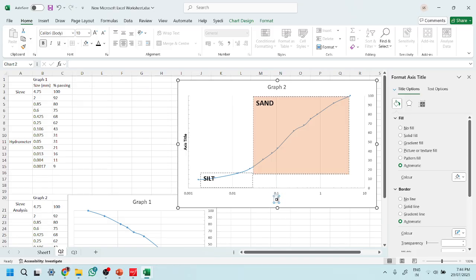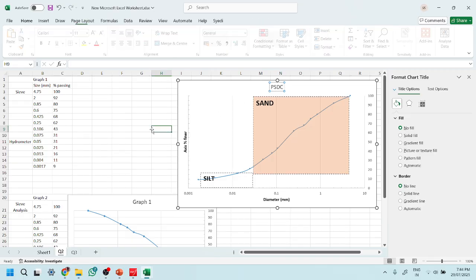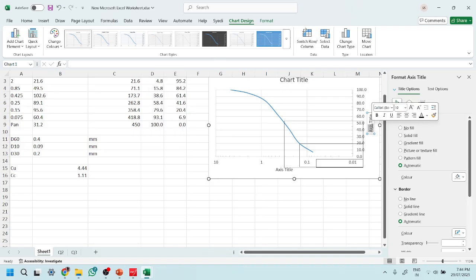This is the calculator. This is percentage. Axis titles.